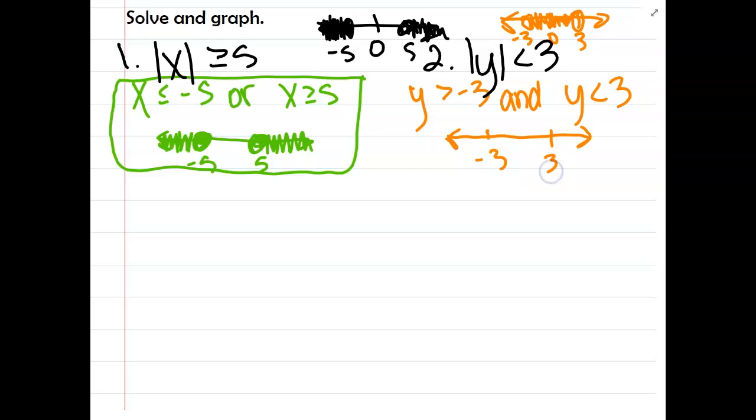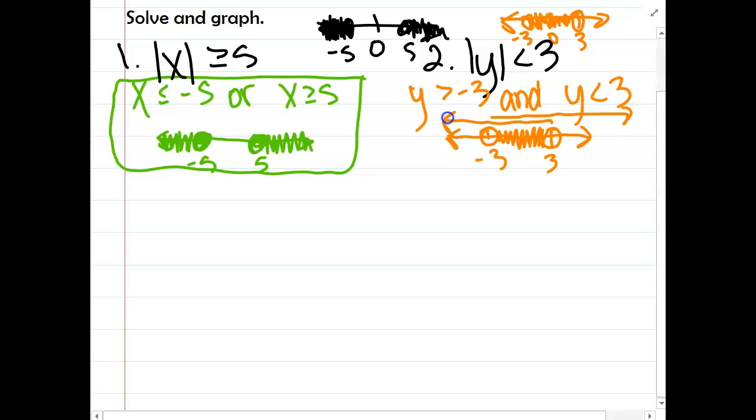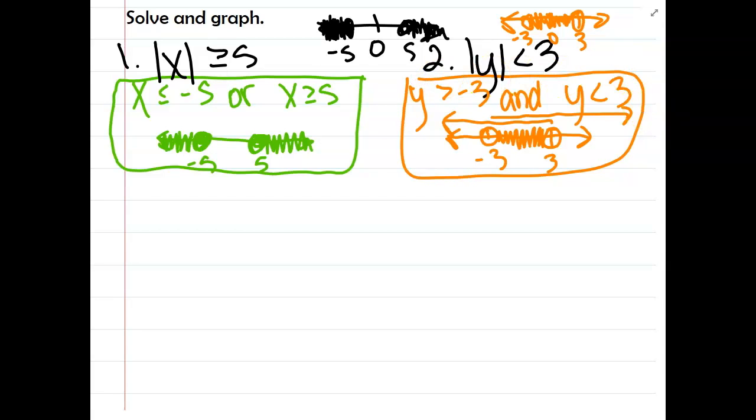We've got negative 3 and positive 3. This time they're both open dots. And I'll give you a little spoiler alert: if this is an and, this is always going to be an and, so you can check it. Greater than negative 3, less than 3. The overlap would be in the middle, but they should always match. Questions on number 2?